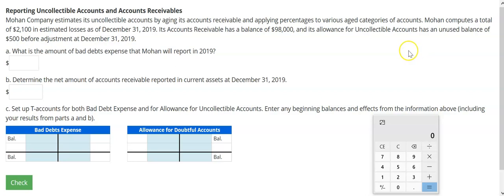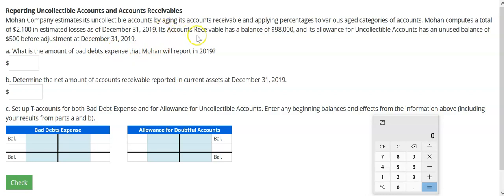This would be a little bit easier version of that. Mohan computes a total of $2,100 in estimated losses as of December 31st, 2019. So that is $2,100 in estimated losses. This is not what has actually occurred.